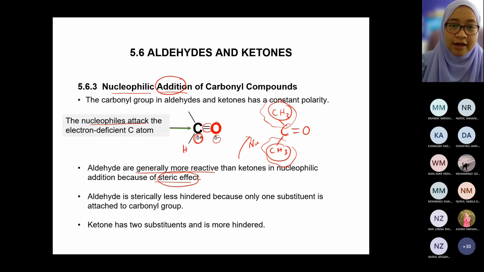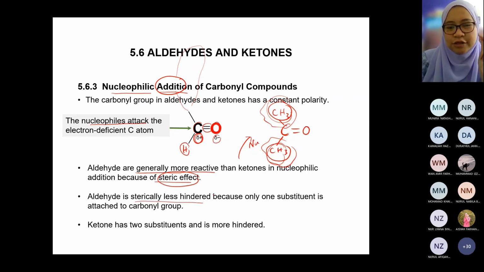Compared to aldehyde, which has only a hydrogen, and of course this one. But compared to this and this, the hydrogen allows the nucleophile to attack the carbon easily. So that's why it is said to be more reactive. Because of steric effect, it is sterically less hindered.